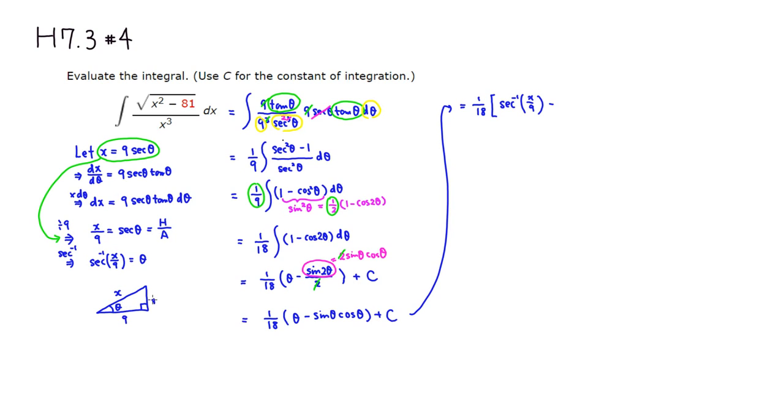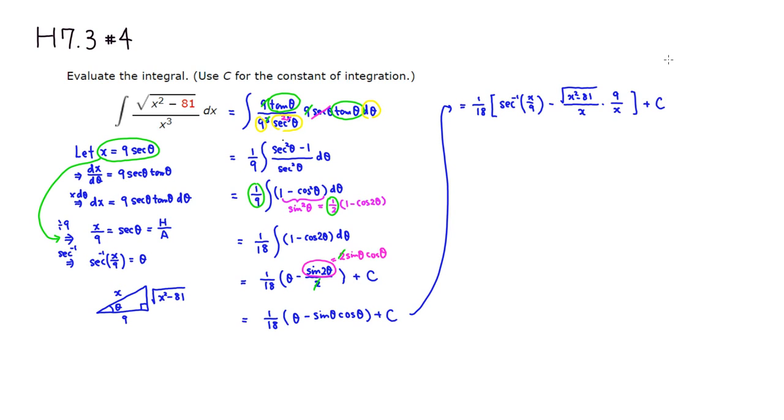By the Pythagorean theorem, the opposite is going to be the square root of x squared minus 9 squared, which is 81. Sine is opposite over hypotenuse, so it's the square root of x squared minus 81 over x. Cosine is adjacent over hypotenuse, so you have 9 over x, and plus some constant c.